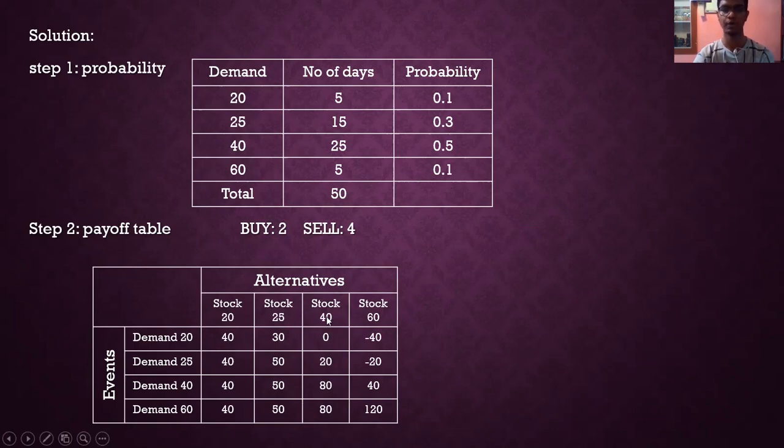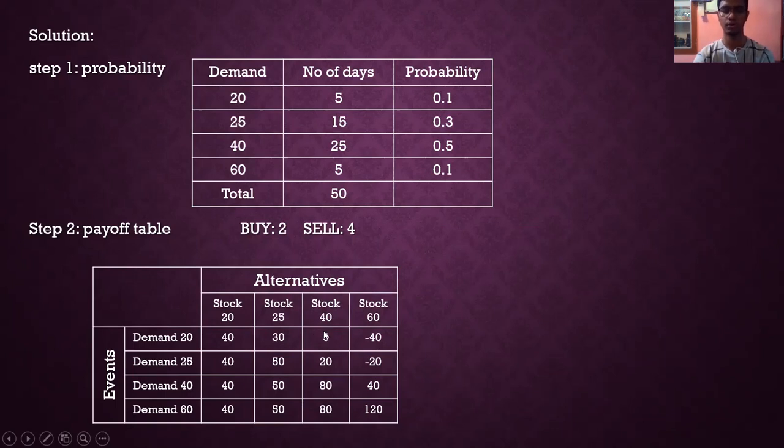So here we have 40 stock and 20 demand. The stock we have is twice the demand, so we are able to only sell 20 and 20 will be lost. We can split it into 2: 20 we are able to sell and 20 we are not able to sell. By selling 20 we make a profit of 40, and by not selling we make a loss of minus 40.